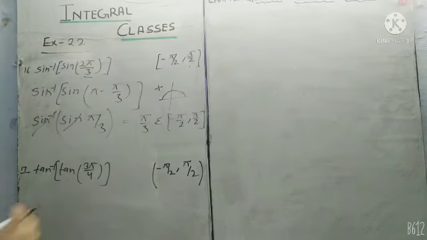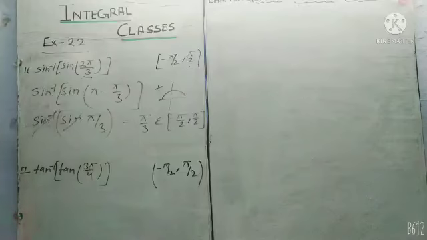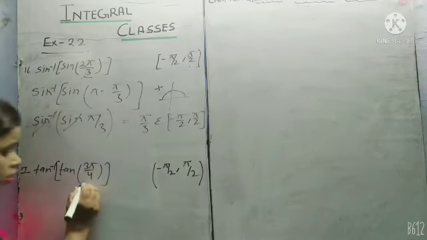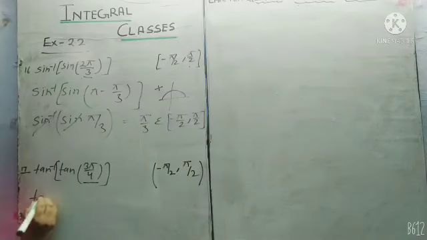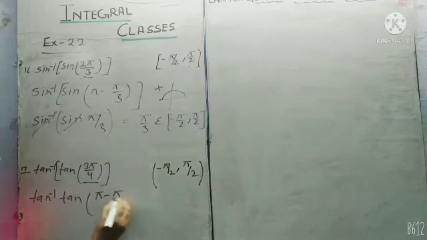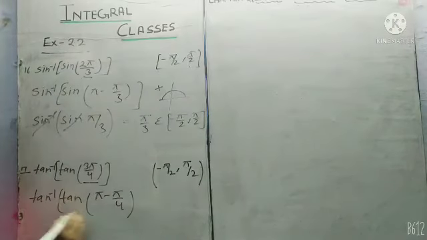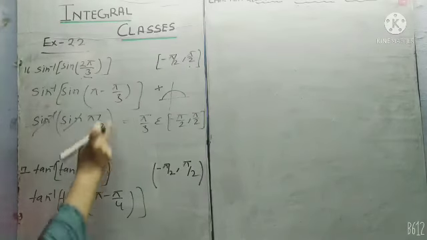So student, again we will change this angle to bring it into this range. So how can we change it? Tan inverse tan, we should write pi minus pi by 4. Now pi minus pi by 4 means it becomes 3 pi by 4.